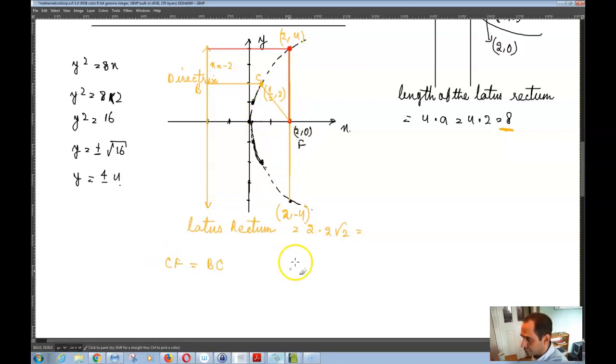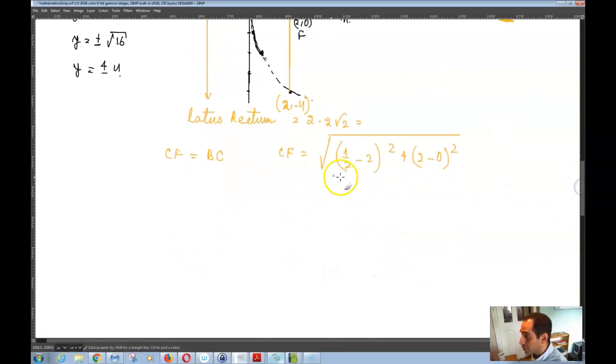For CF, I can use the distance formula to find the distance between these 2 points. That is 1/2 minus 2, whole squared, plus 2 minus 0, whole squared.